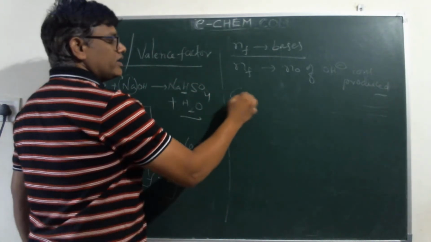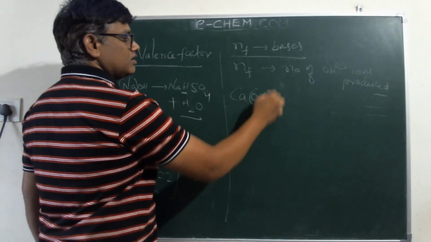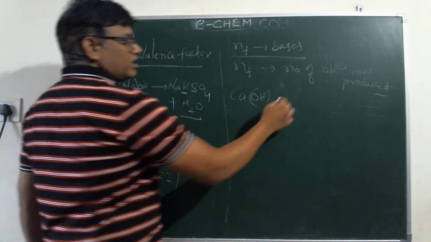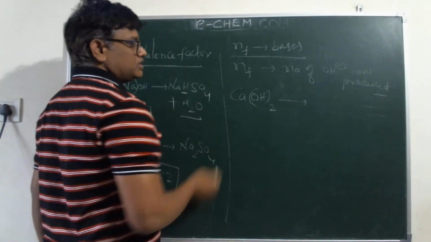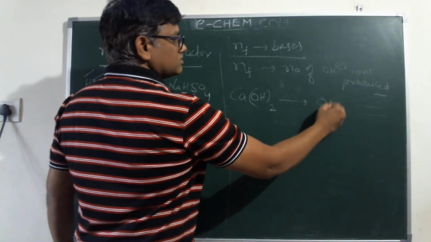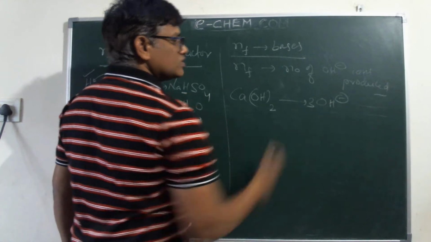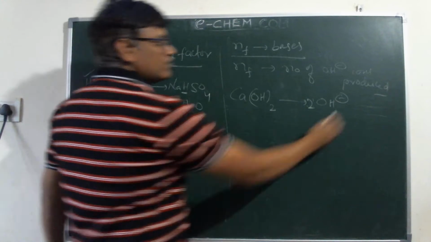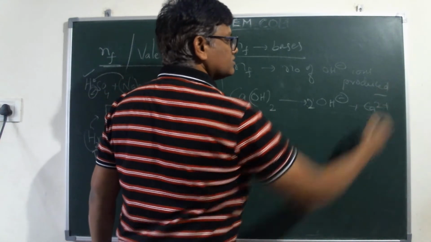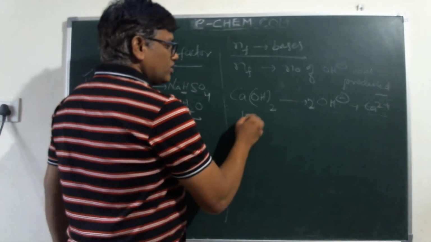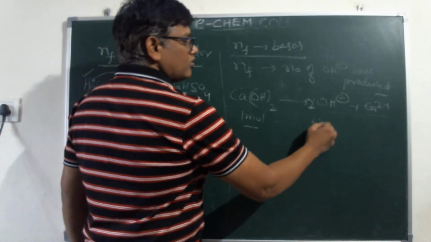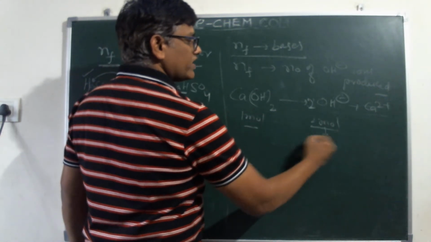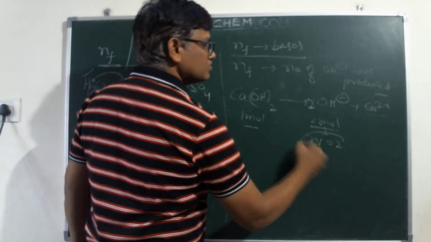For example, I am taking calcium hydroxide. On complete dissociation, it produces 2 moles of OH minus ions and 1 mole of calcium 2 plus. So here 1 mole of the compound is giving 2 moles of OH minus ions. Therefore, the n factor is taken as 2 for this.